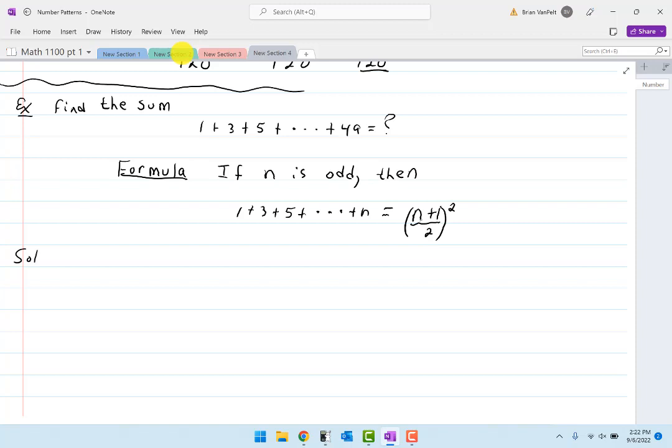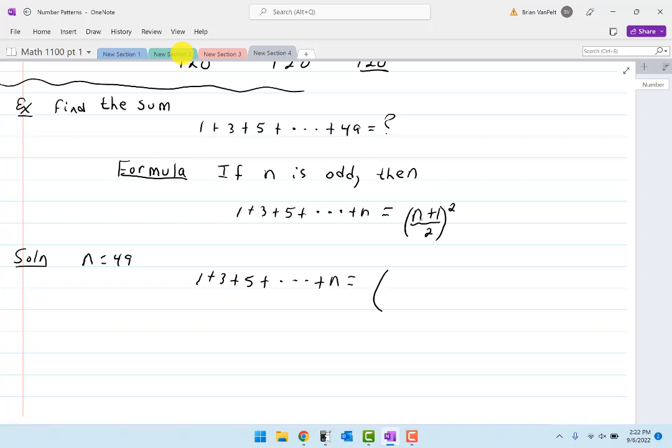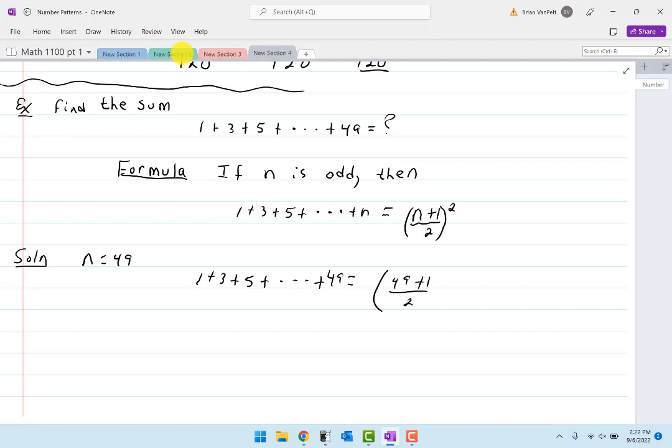So for the problem that we have, the n is equal to 49. So when I try to do 1 plus 3 plus 5 and I add all the way up to n, 49 that is, I have (49 plus 1 divided by 2) squared.